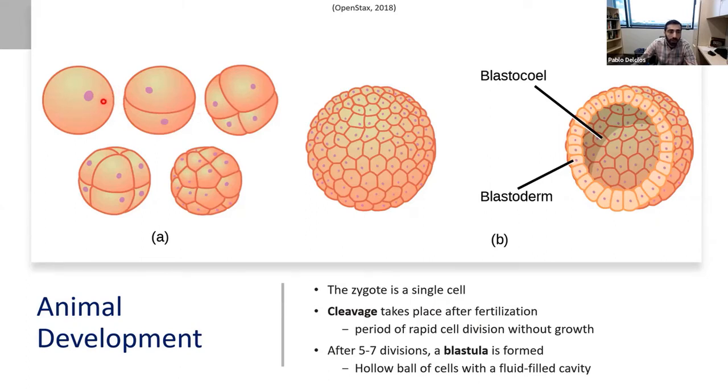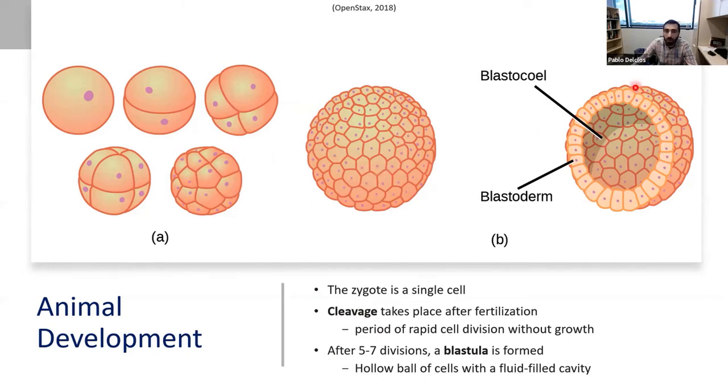Essentially, you're seeing the same volume here in figure A, where one cell becomes two cells half their size, then four cells a quarter the size of the original, etc., until it finally does start to grow after this phase of cleavage, in which case what's formed is called a blastula.